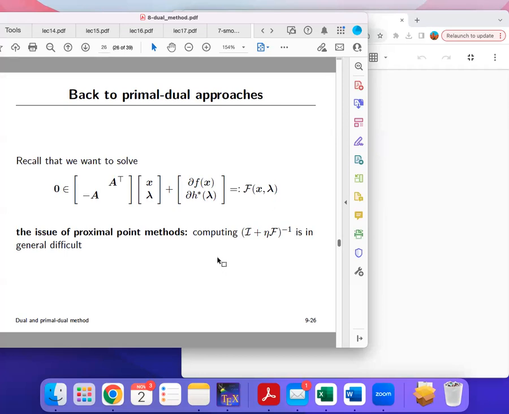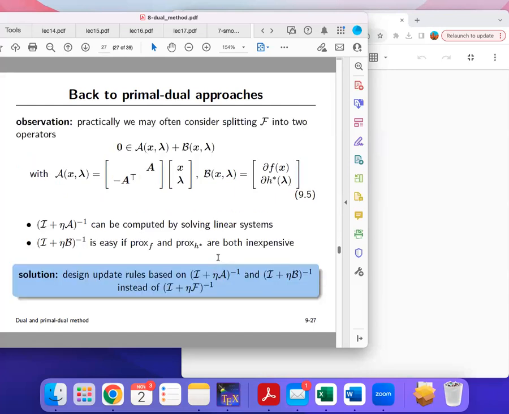Therefore, this motivates us to consider splitting this operator into two operators. So we start to consider the structure of this problem, and formulate the problem as finding zeros of the sum of two operators, A and B. A is the linear operator part, B is the sub-differential operator part.